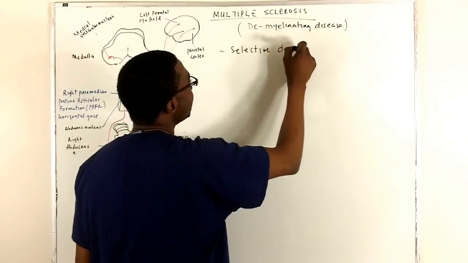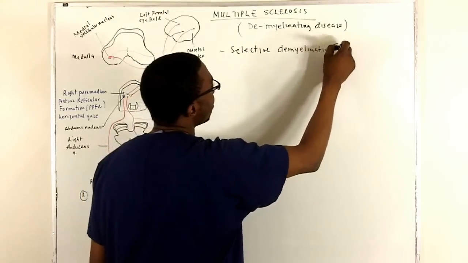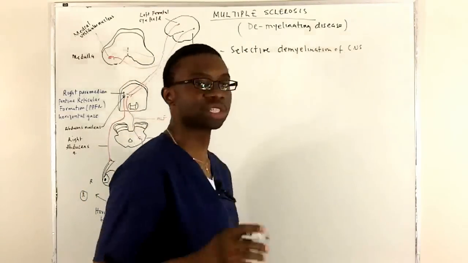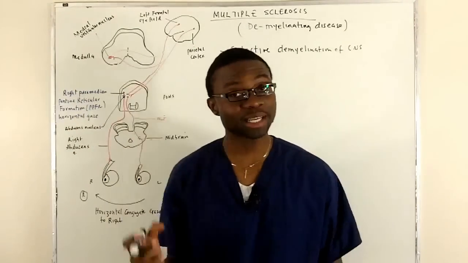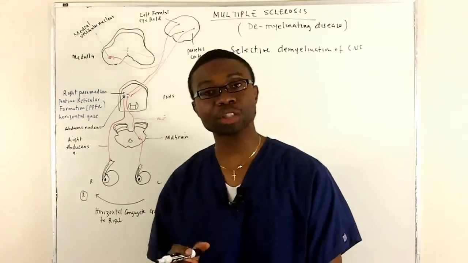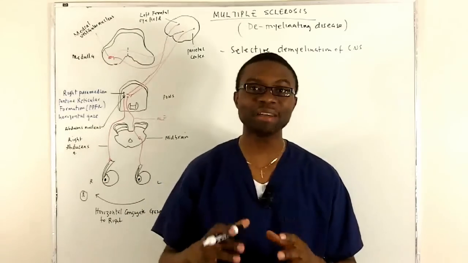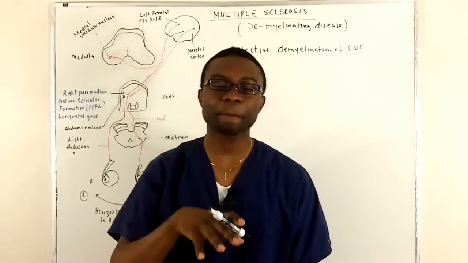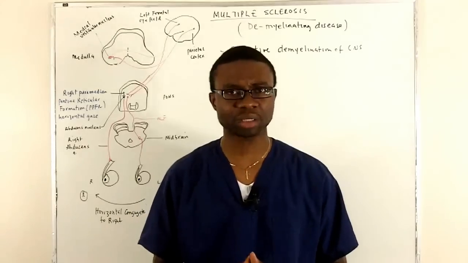Selective demyelination of CNS. Remember, the CNS is made out of the brain and the spinal cord, which is the tail. But in this case, there are multiple focal zones, which actually are zones of demyelination, which are basically plaques inside the central nervous system that are spread around the white matter.